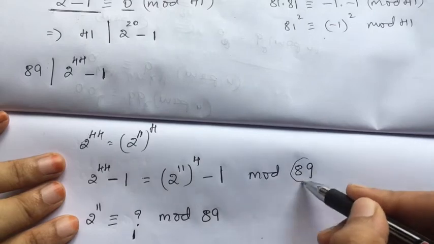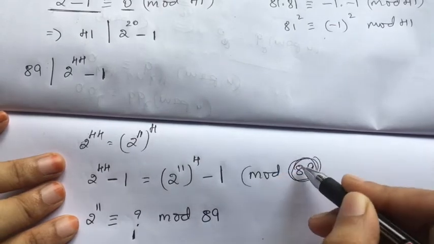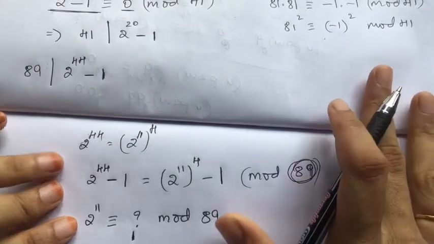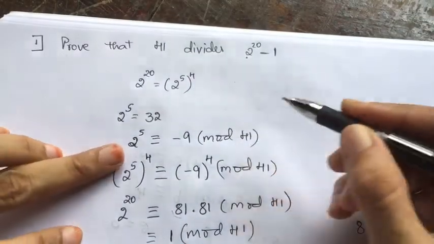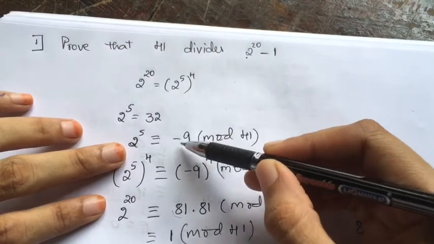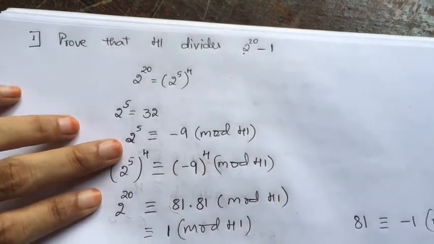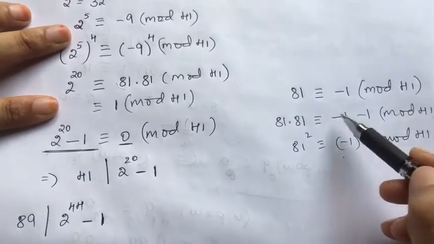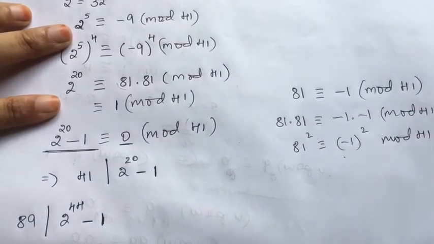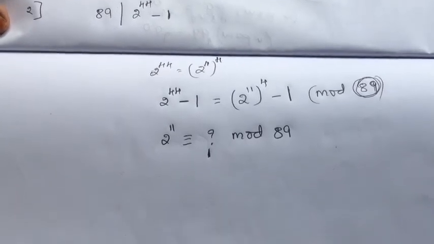Here the problem is I have modular n value as a large value. In the earlier case it was quite easy because I had 41, so even if the remainder is a big number, no issue, because on multiplying them I'm ending up getting minus 1 as a remainder. Okay, in this case this is not so.